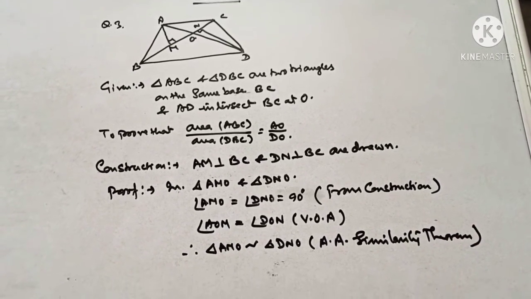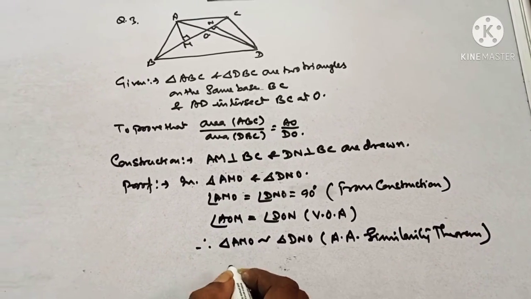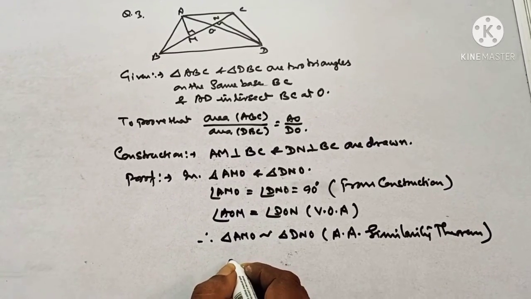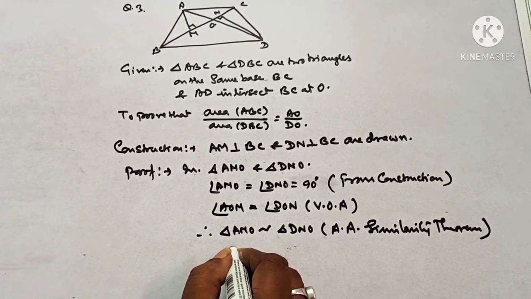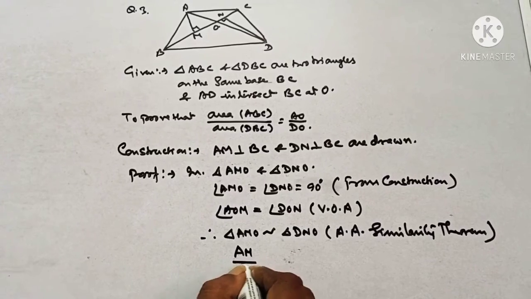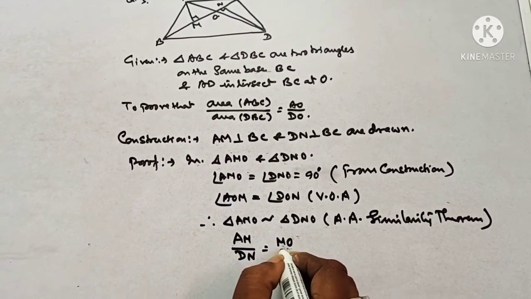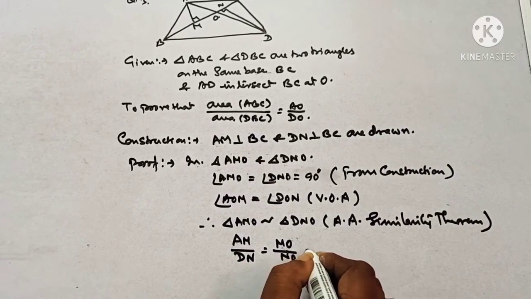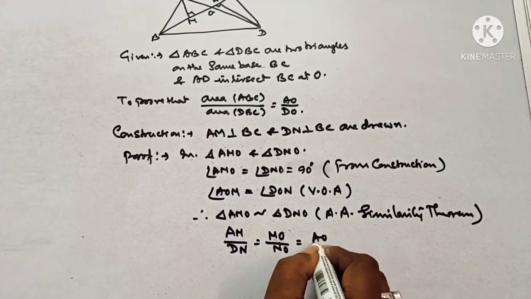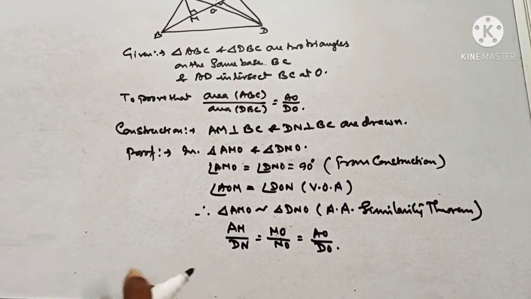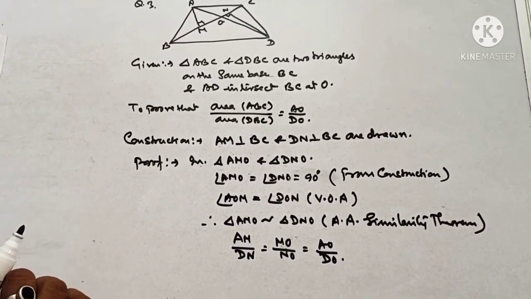Now these two triangles are similar. So here what you get is AM by DN is equal to MO by NO is equal to AO by DO. This is the conclusion I got from these two similar triangles.